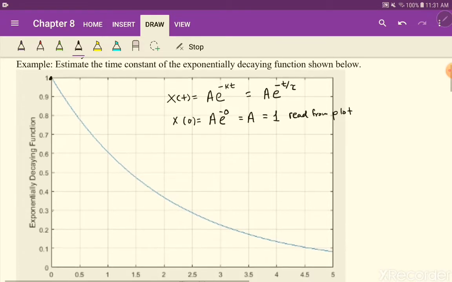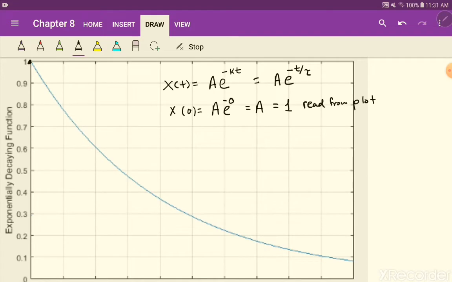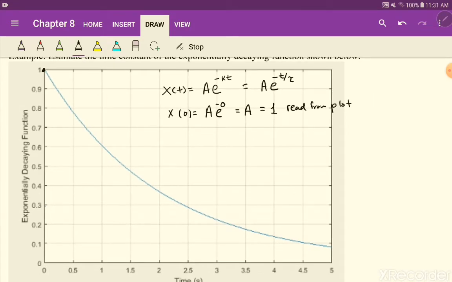Now to find the time constant, it's actually easier than you think. We can pick any point you want. Let's say time is equal to 1 second. It's a little more than 0.6 at 1 second. So we can just plug in one number.